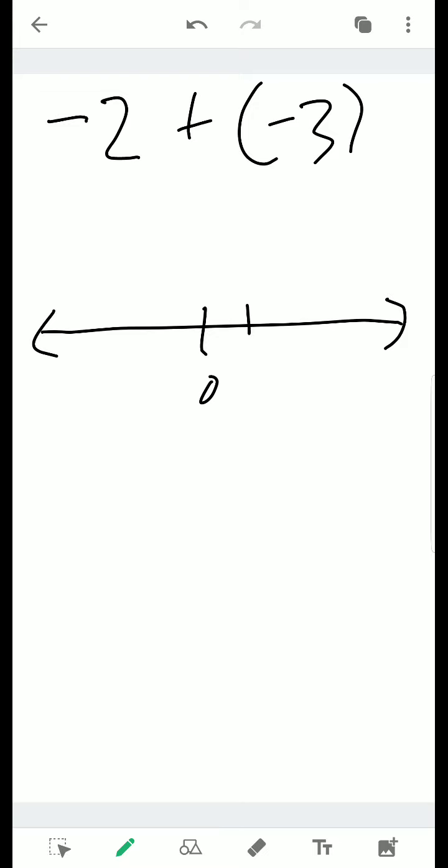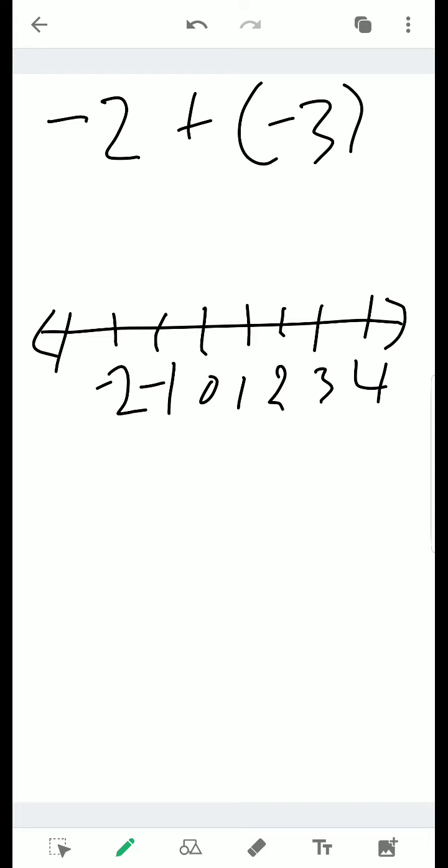So 1, 2, 3, 4 on the right, and negative 1, negative 2, negative 3 on the left. So I'll start with negative 2. That's the first one. And I'm owing negative 3. So it means it must go on and on.